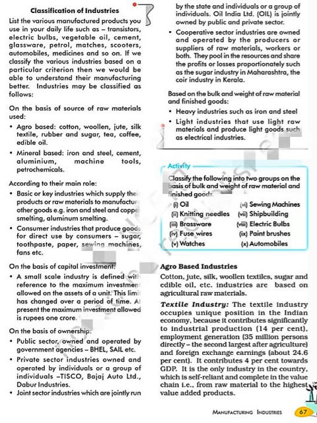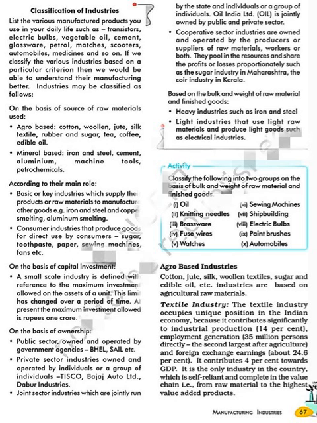Now on the basis of ownership, students, who is the owner of the industry: public sector, private sector, joint sector and cooperatives. Public sector is owned and operated by government agencies, like Bharat Heavy Electricals Limited, SAIL, Steel Authority of India Limited.